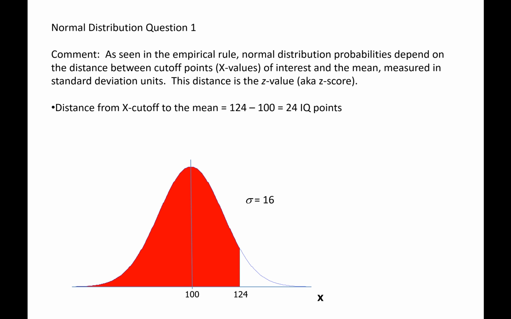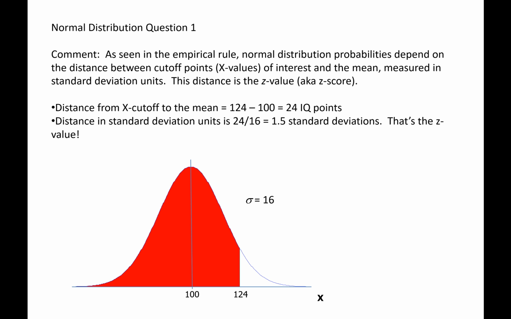So we take the distance from the x value 124 to the mean, and that's going to be 24 IQ points. Notice that's still in IQ point scale, and if we divide that by the standard deviation of 16, that gives us 1.5 standard deviations, a measure that has no units, because the IQ points get canceled out in that ratio.